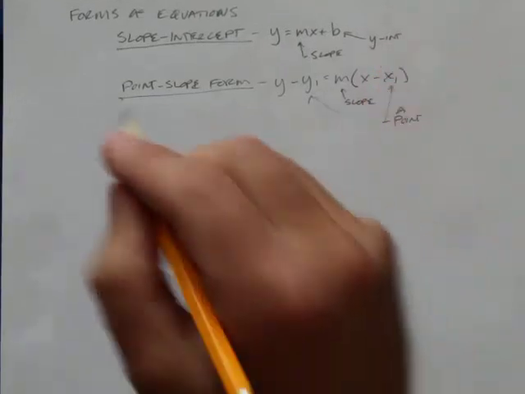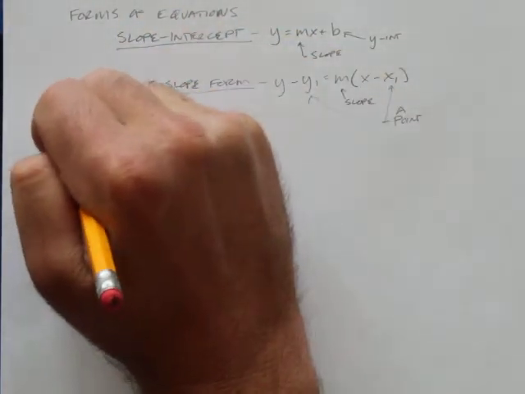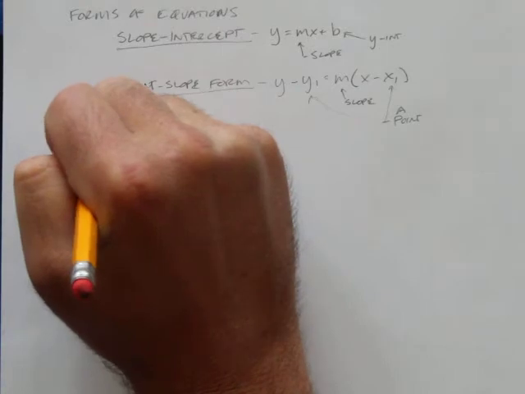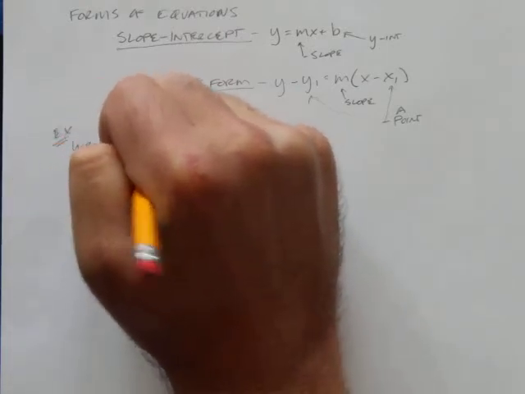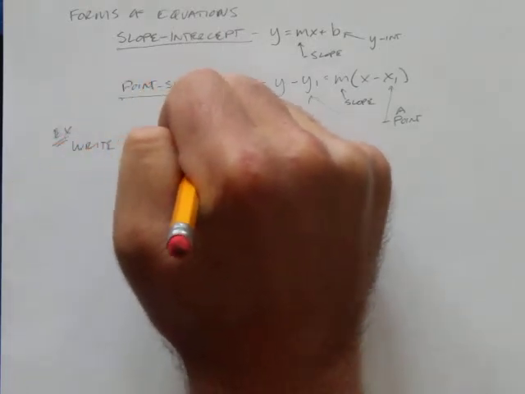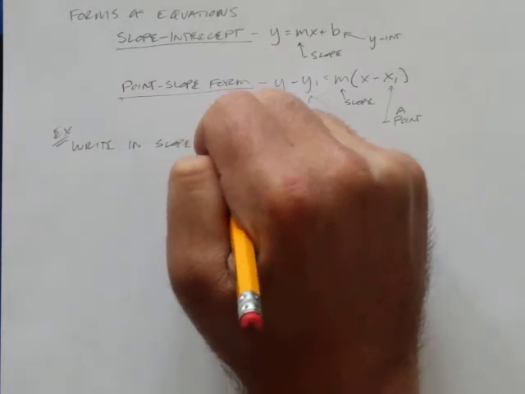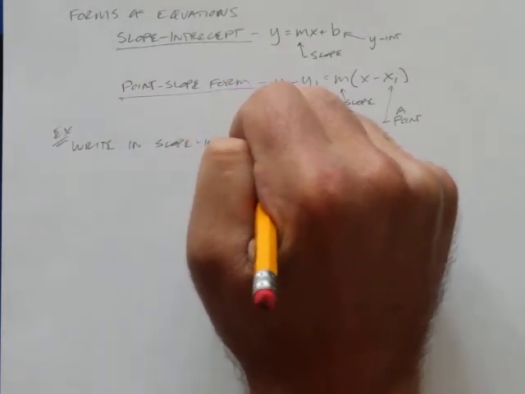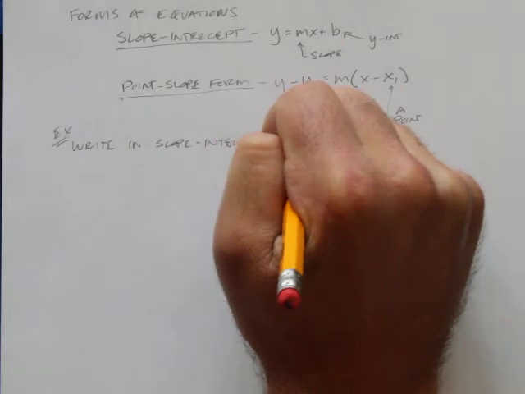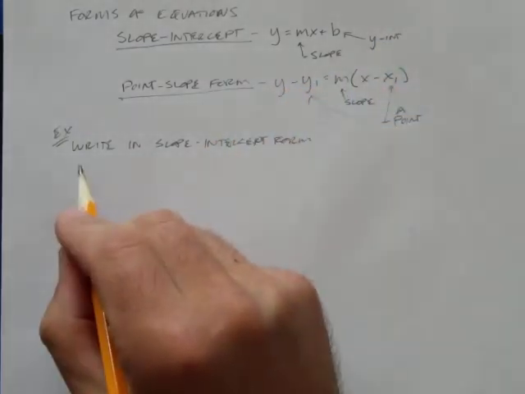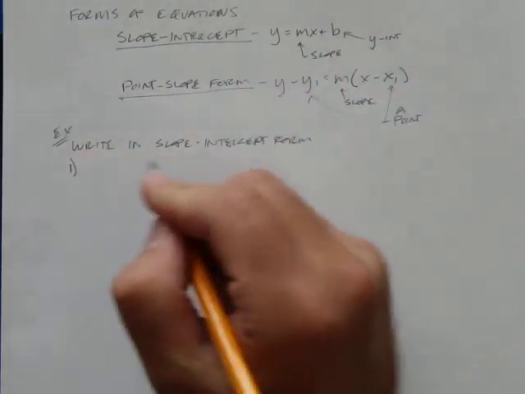So let's do an example. Write in slope-intercept form. We're going to do a couple examples here.